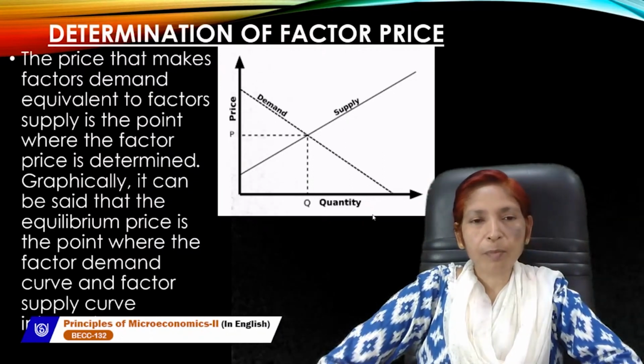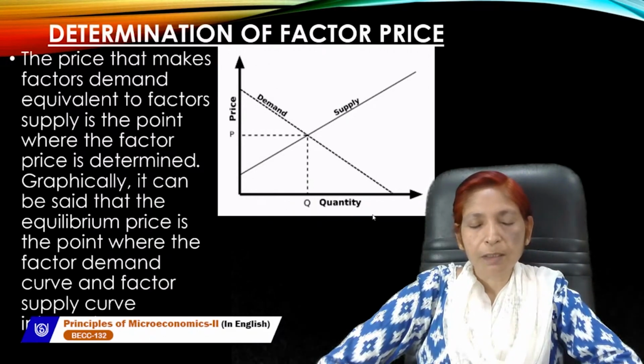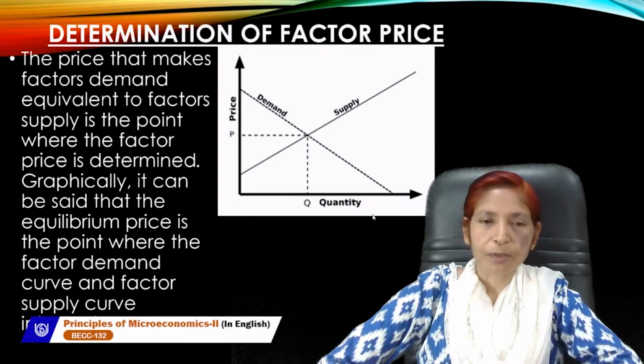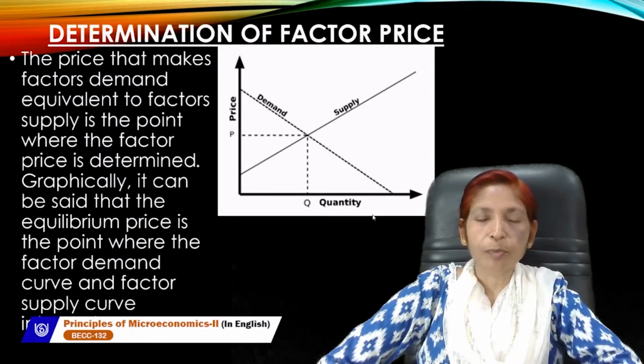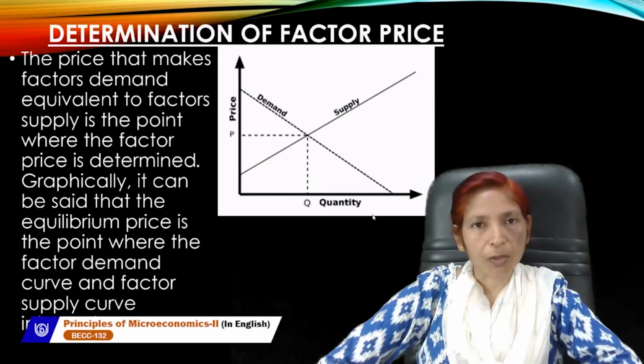If factors are available at a lower price, then the producer will demand more inputs or factors. So demand for factors is inversely related to the price of factors of production. That's why the demand curve is always downward sloping.